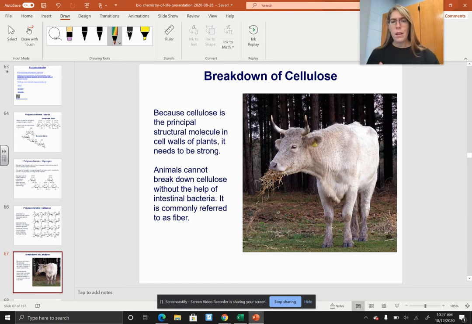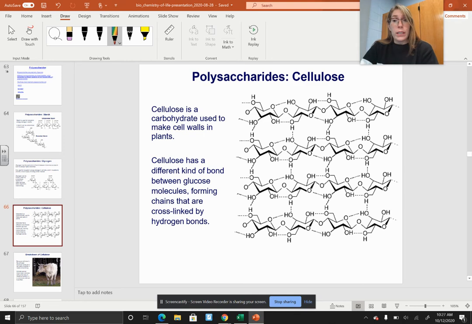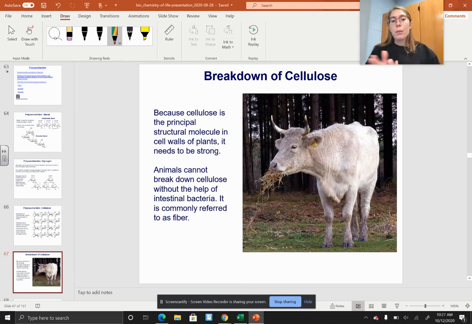Now, because cellulose is the principal structural molecule in cell walls, it's got to be really strong, which is what we're seeing here with all these extra bonds attached. Animals cannot break down cellulose without the help of intestinal bacteria. You cannot go outside and eat grass. You're not meant to, right? Cows, ruminants, have special gut bacteria in their intestines that help to break down cellulose.